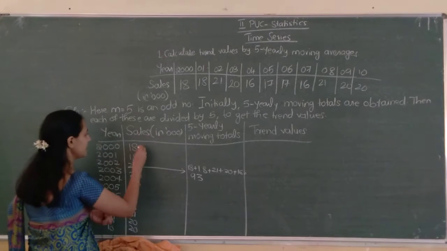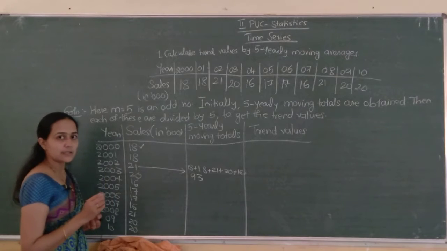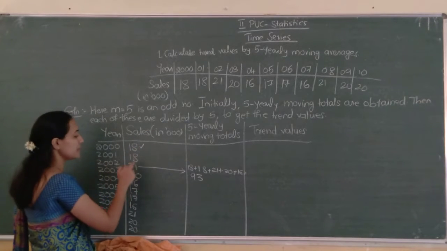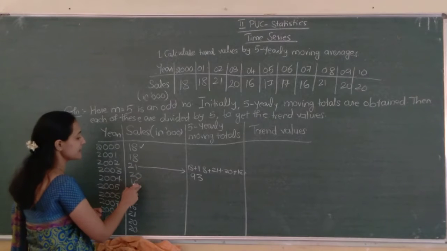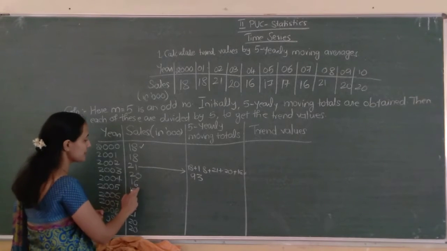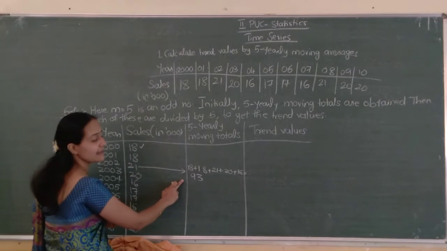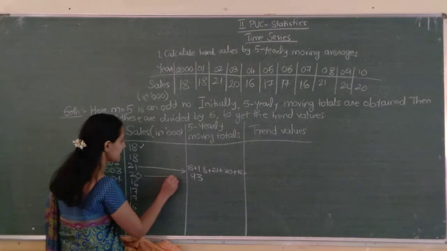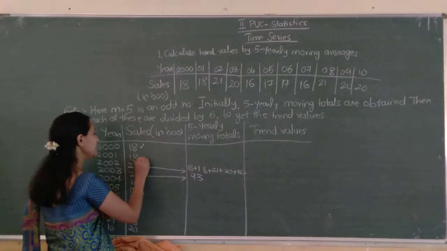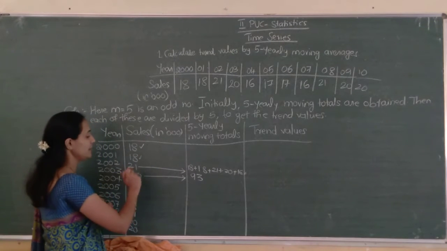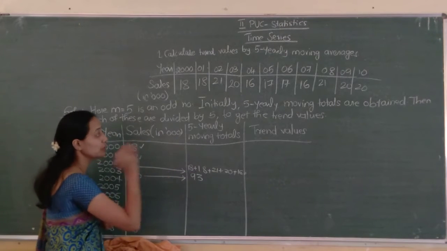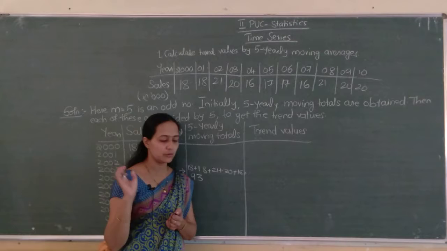Next, leave the first one. Next 5: 18 plus 21 plus 20 plus 16 plus 17. Right in the middlemost, the third observation, that is here, it comes next to the previous one. Next, leave this one, next 5. Next leave 21, next 5. Like that we have to do, taking 5 each time.